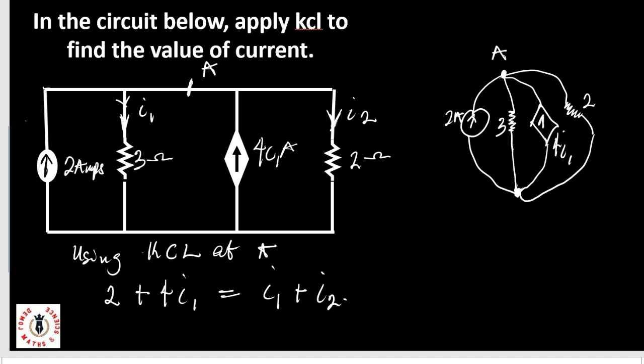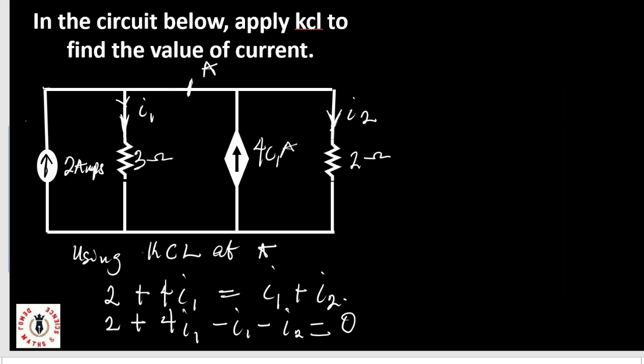Or you can rewrite it this way: 2 plus 4I1 minus I1 minus I2 is equal to 0. Having established this, I can simplify this equation to become 2 plus 3I1 minus I2 equals 0.